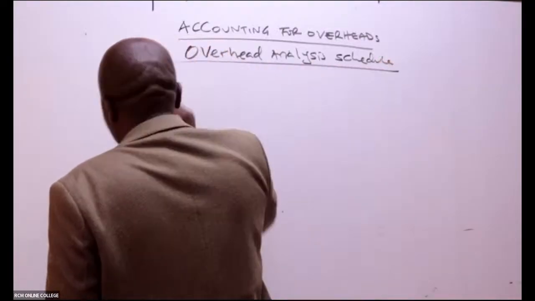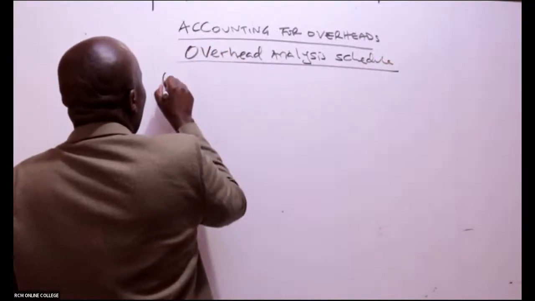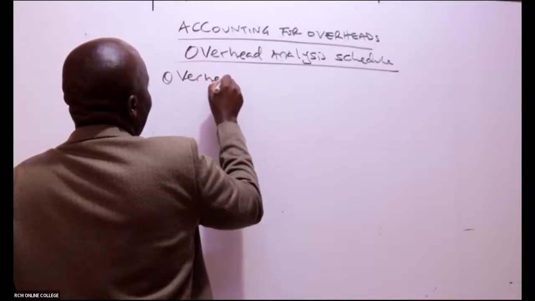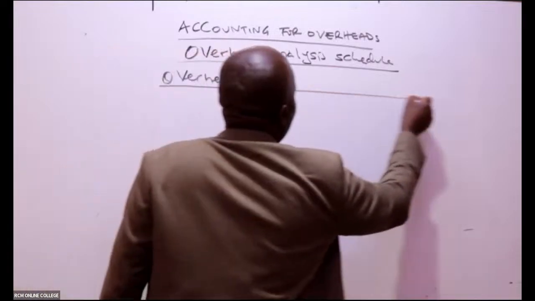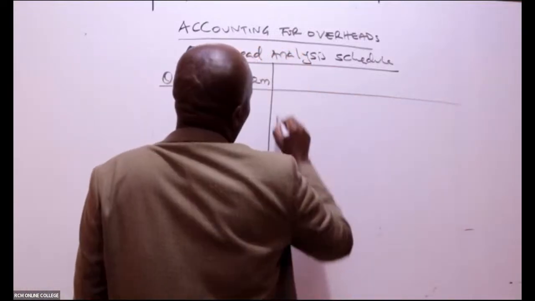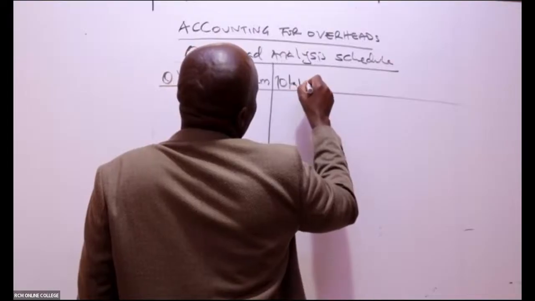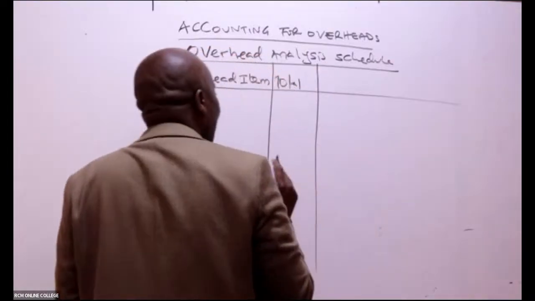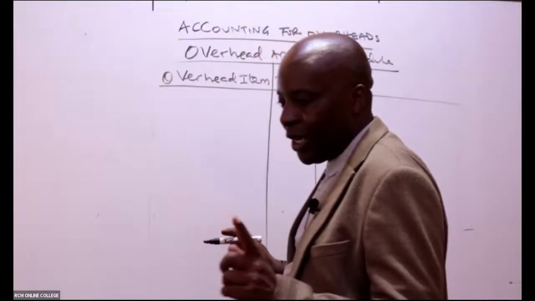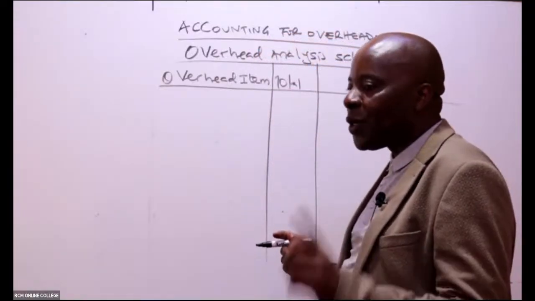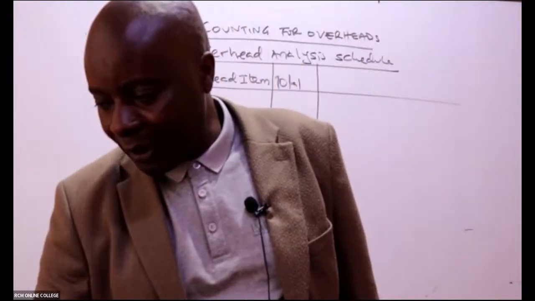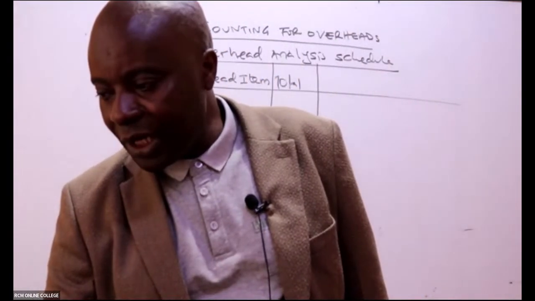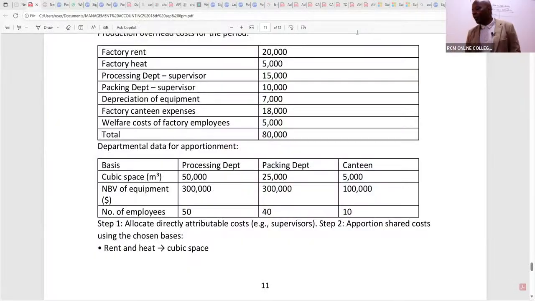We shall have the overhead items here, then we have the total amount. This total amount is the one that now will be apportioned using appropriate criteria to our three departments. We have what they are calling processing.